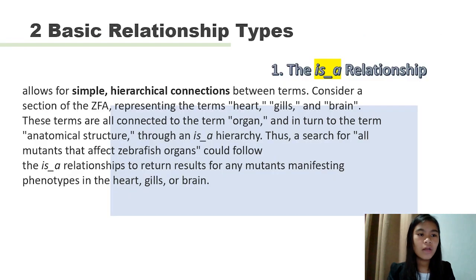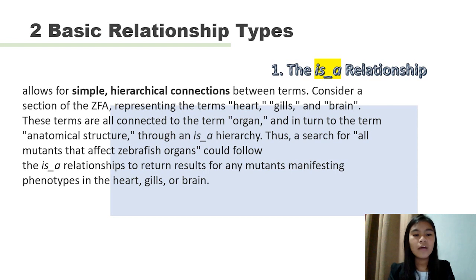Let us look at the two basic relationship types. The first one is the is-a relationship. So, as we have mentioned on the ZFA, the is-a relationship is one of those. So, what is this? It allows for simple hierarchical connections between terms. Consider a section of the ZFA representing the terms heart, gills, and brain.